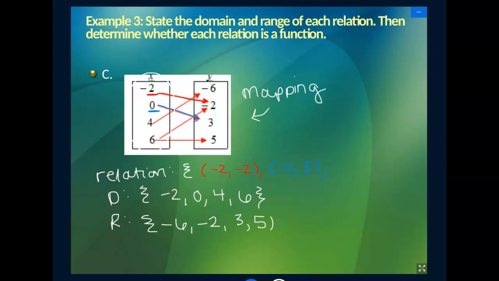This one is really easy to tell if it is a function or not, because you look for if any of these have more than one arrow. So you'll notice that -6 has 2 arrows. That means that -6 repeats, therefore not a function.